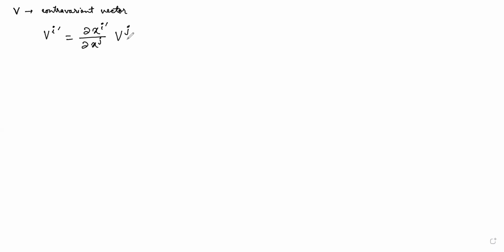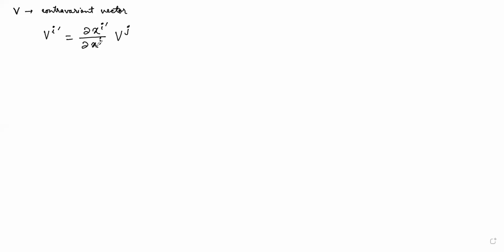What are v_j's? The v_j's are the components of the vector in the unprime frame, and the v_i primes are the components of the same vector in the prime frame. If the components transform according to this rule, then we say this is a contravariant vector.